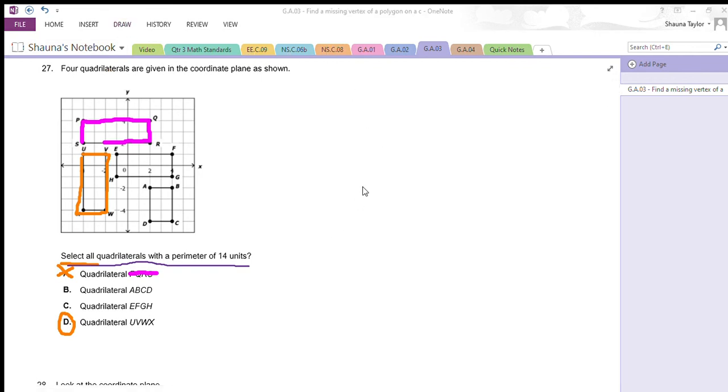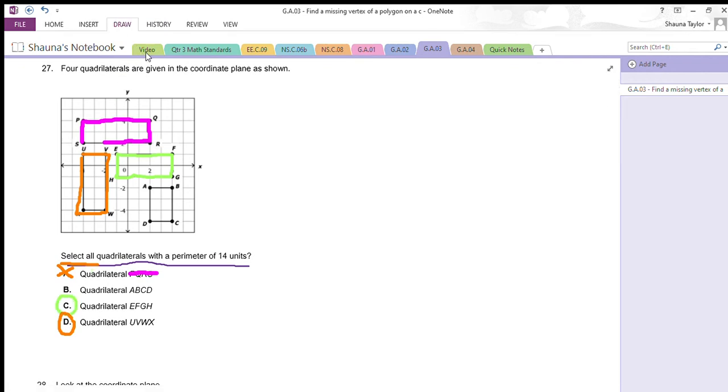Okay, let me do this with the green color here. Let's start off. Let's go H, E, F, G. Okay, so that's letter C. Let's count the perimeter. 1, 2, 3, 4, 5, 6, 7, 8, 9, 10, 11, 12, 13, 14. So that one works. So this is E, H, F, and G. Okay, so that's letter C, so I can circle that. So that is a correct answer.